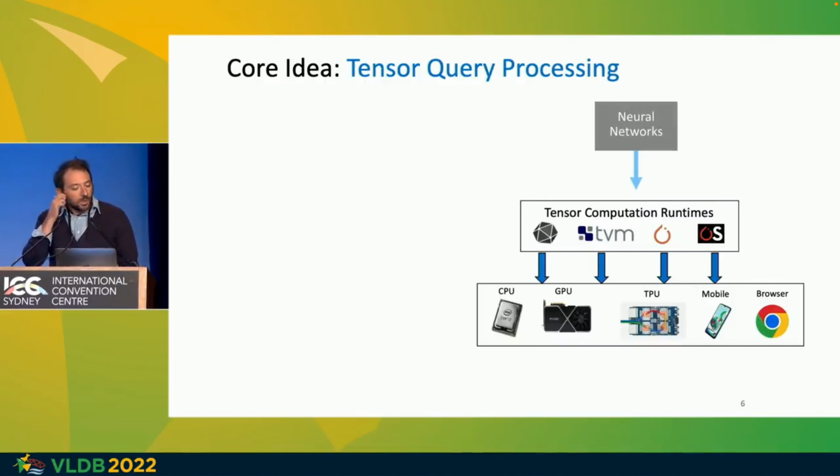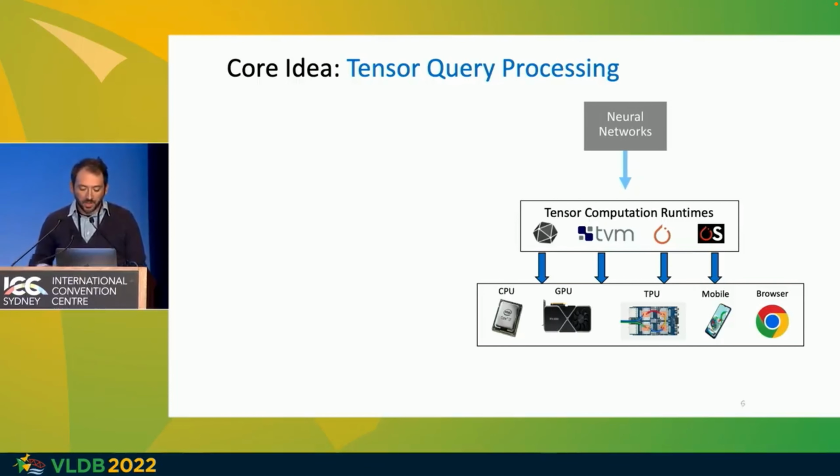So the core idea of tensor query processing is to try to leverage the infrastructure that has been built by the machine learning community for deep learning. If you implement your neural network using PyTorch or TensorFlow, you can leverage this open source ecosystem to run your machine learning model on any hardware that you want.